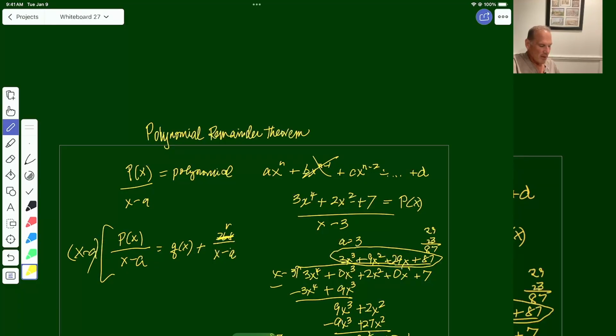That gives me this new equation that states that p of x is equal to q of x times x minus a, plus the remainder, right? So that's a true statement also, because I had this true statement, and then all I did was multiply both sides by x minus a.